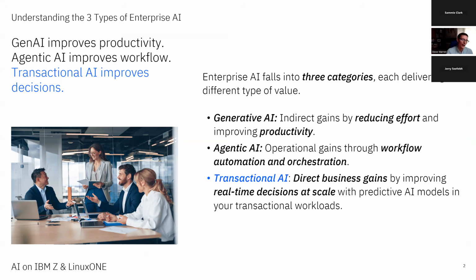So generative AI: our world has been transformed by generative AI, whether it's Microsoft Copilot, ChatGPT, Google Gemini, or any number of models that give you a productivity increase by being able to discern text and give an intelligent response based on your questions. We've seen that take off in the last number of years. ChatGPT is only a few years old, and that really started this generation of generative AI capabilities.